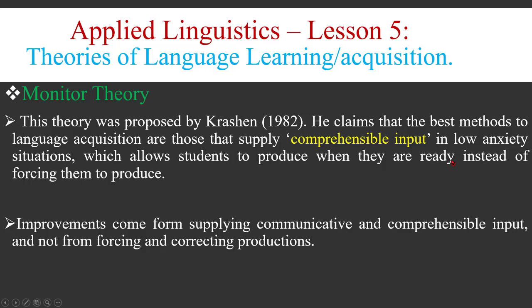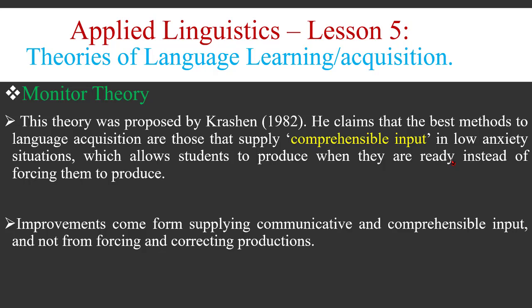very well. Improvements come from supplying communicative and comprehensible input, and not from forcing and correcting productions. So for Krashen, the improvements of learners improve when they are provided with communicative and comprehensible input, and not forcing them, not correcting them.